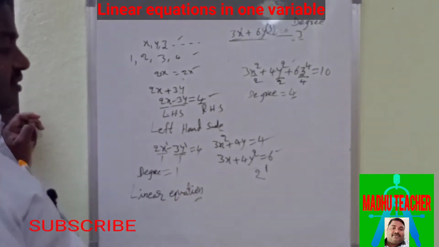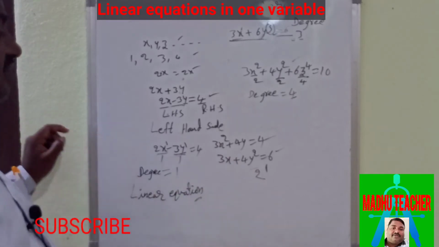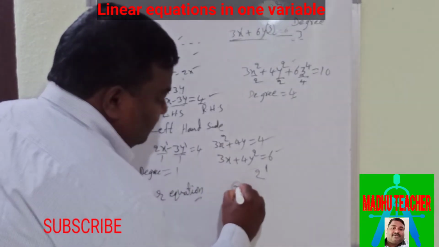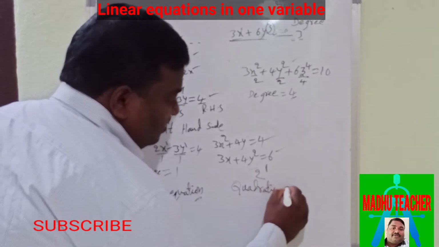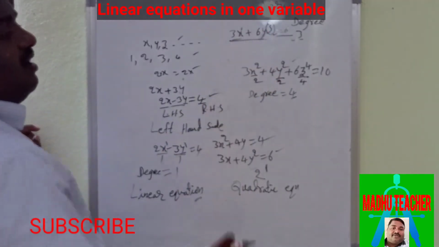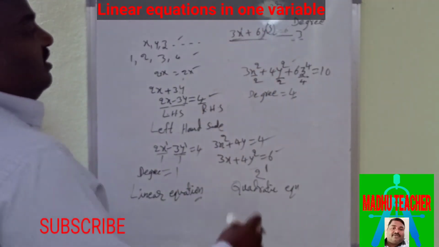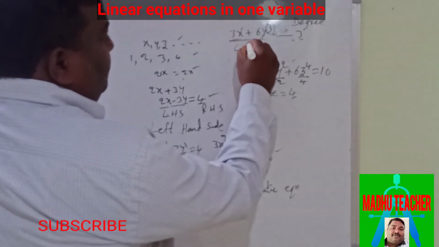If the degree of an equation is 2, then that equation is called a quadratic equation. If the degree of an equation is 3, then that is a cubic equation.